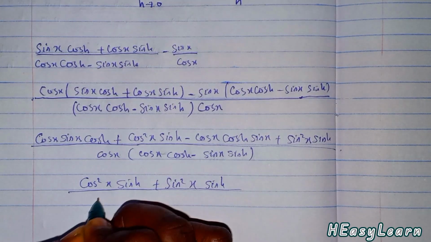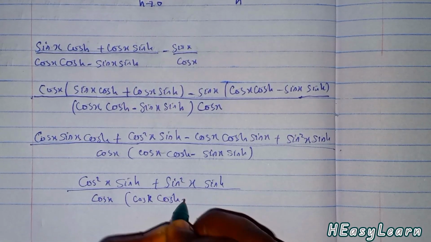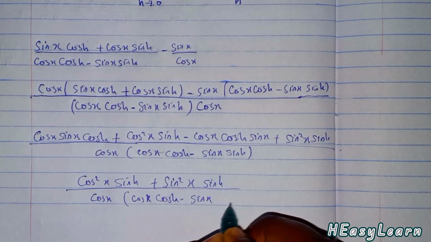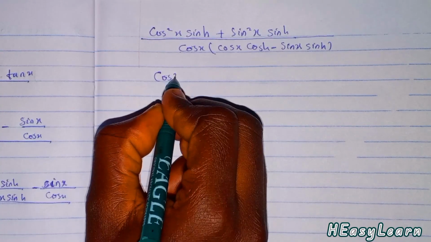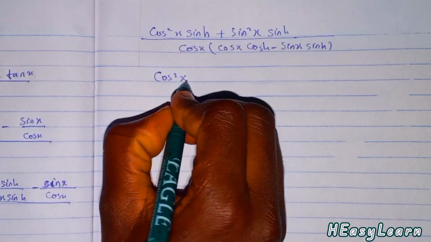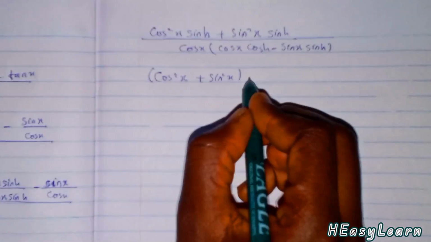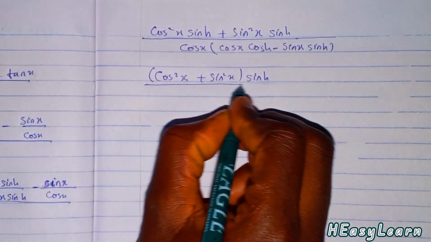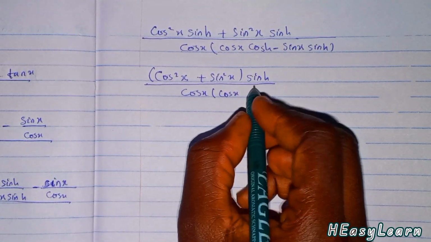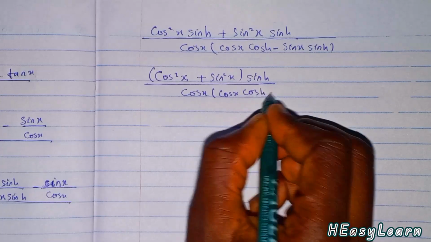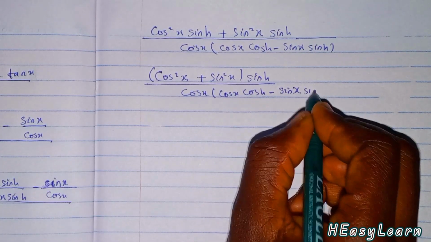over cos x cos h minus sin x sin h. Cos square x plus sin square x, factor sin h out, over cos x cos h minus sin x sin h.